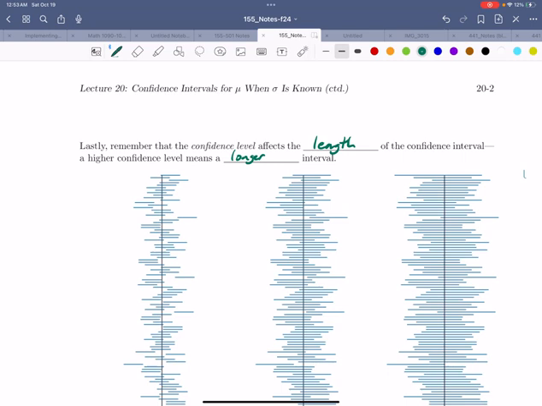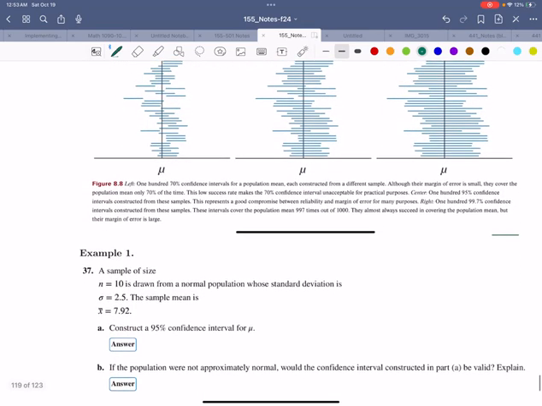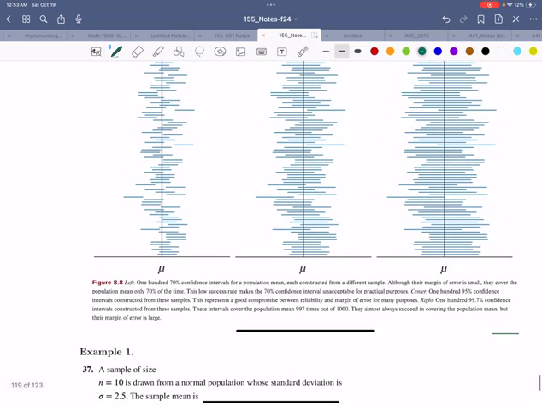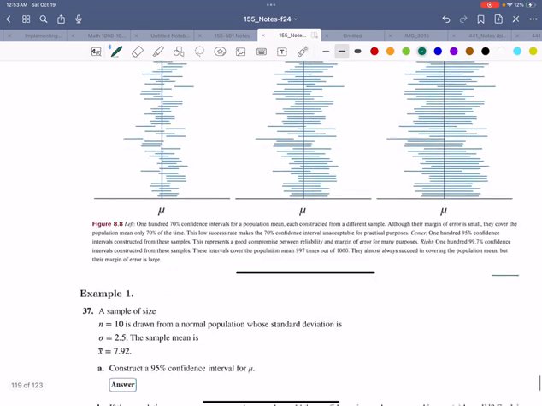We're more confident that the true population mean is going to be within our interval. But our interval is longer, so we have a wider range of values, so it's not quite as helpful as a shorter interval. Right, we want to try to narrow it down as much as we can, while at the same time being reasonably confident. So there's that, right? You can pause the video and read the caption if you'd like.